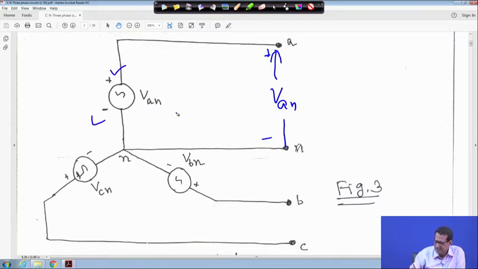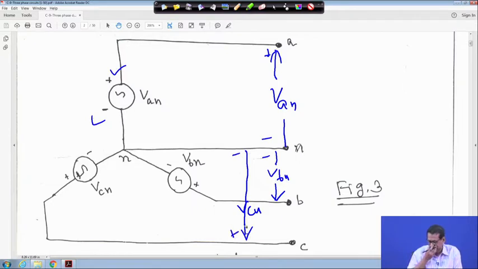Similarly, when you take VBN, this is my arrow, so B is plus and this is minus. Similarly VCN, so VAN, VBN, VCN. Here this is my VCN, right? An arrow means positive, and where nothing is shown it means negative, right? So VAN, VBN, this is figure 3. This is voltage VAN, this is VBN, and this is VCN, right?